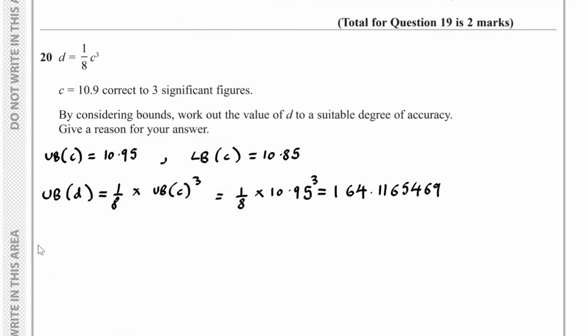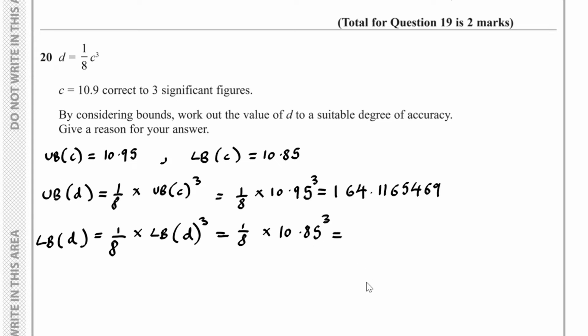And then the lower bound of d, that's equal to 1/8 times by the lower bound of c cubed. So here we have 1/8 times by 10.85 cubed.